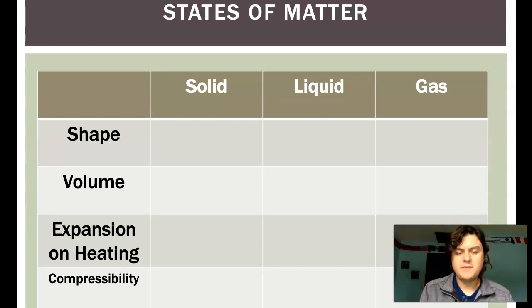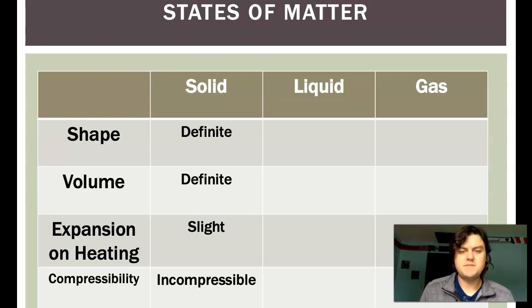Okay, welcome back. So we're going to go through these and, like I said, point out some language that you might not have used intuitively but should match up with how we should think about these. So I want to take a look at solids to get started. The shape of a solid is definite. The atoms are arranged in a stable way where they are staying in the same position relative to one another.